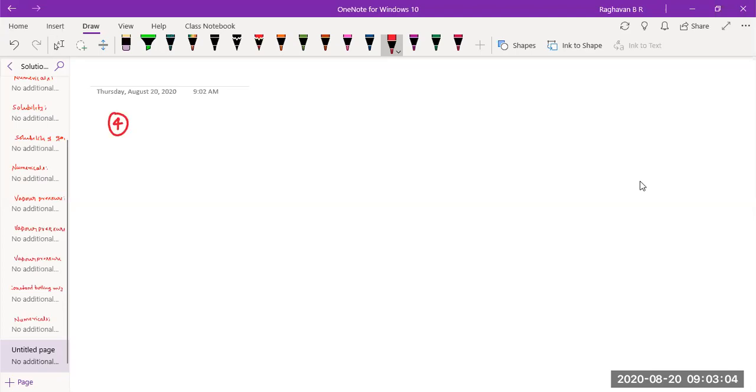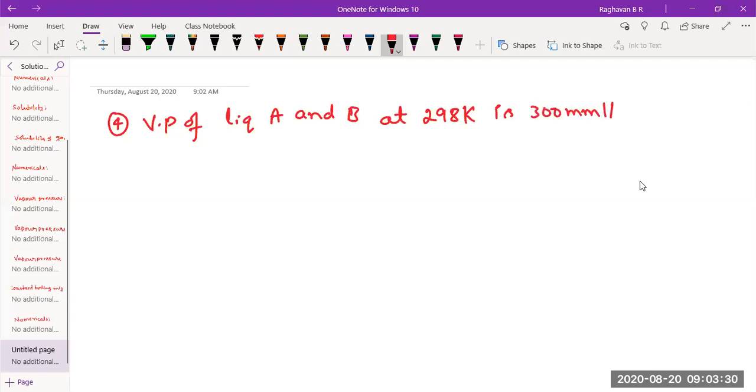Fourth one. Vapor pressure of liquids A and B at 298 Kelvin is 300 millimeter mercury and 450 millimeter mercury.